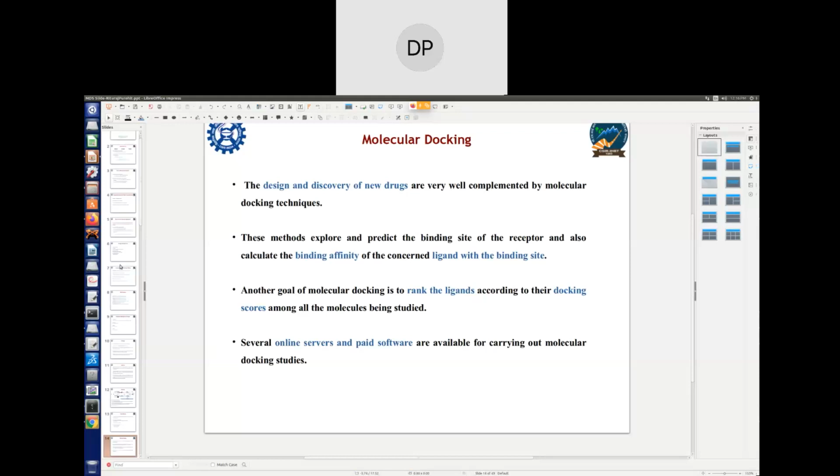Another goal of molecular docking is to rank the ligands. We have a lot of chemical molecules, and if you want to rank them, you can use the docking score. And several online servers and paid software are also available to perform docking.